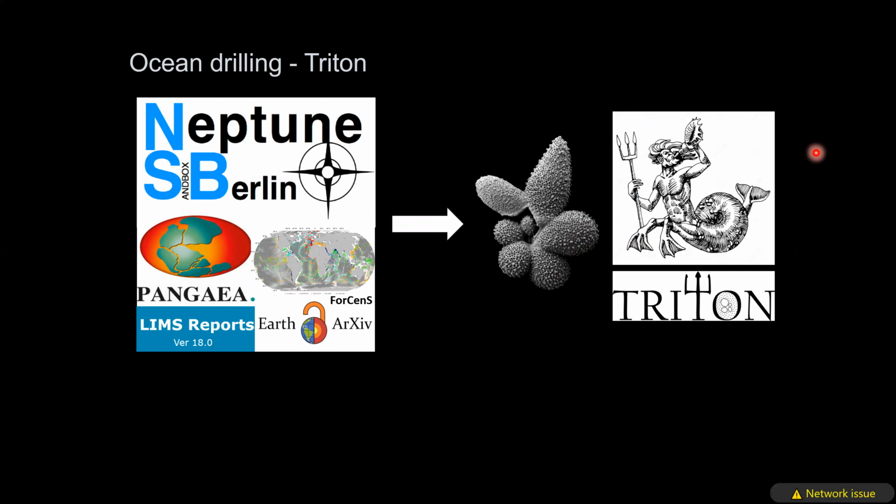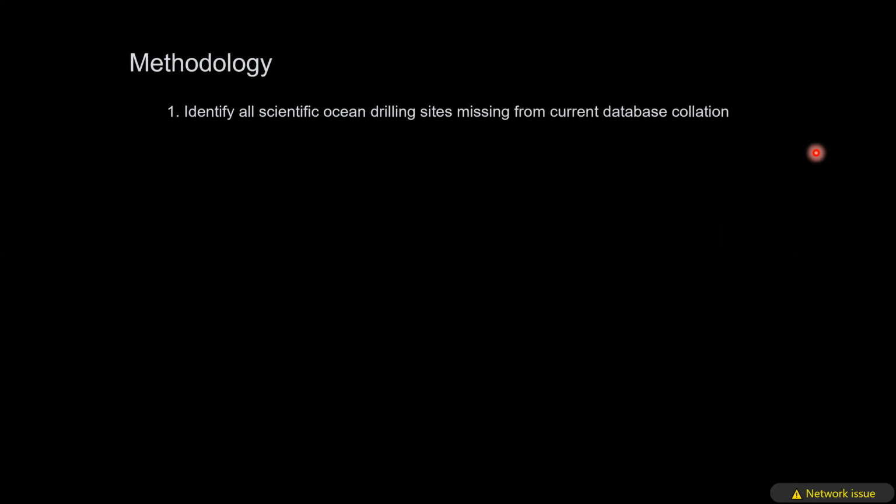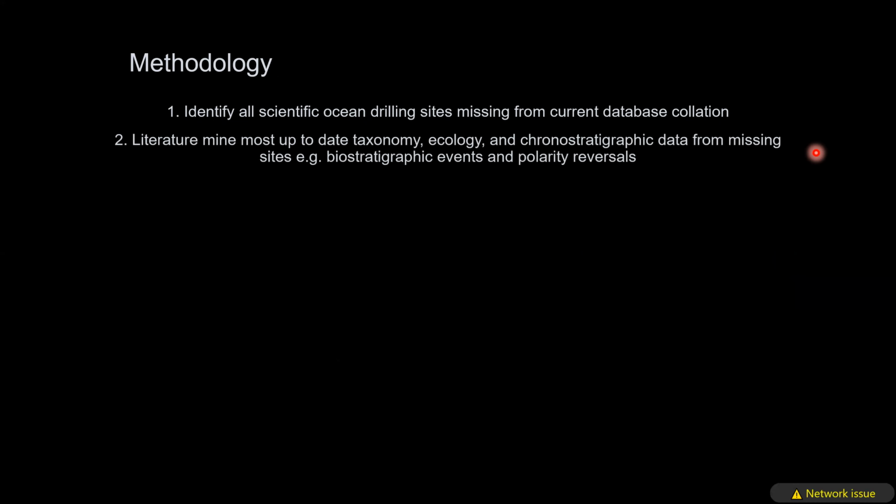We got all of our previous archives and extracted all of the planktonic foraminiferal data to begin creating Triton. And from there, we identified all of the scientific ocean drilling sites that were missing from the collection of databases, performed a literature mine to make sure our taxonomy was up to date, all of our ecologies, and our chronostratigraphic data was up to date.